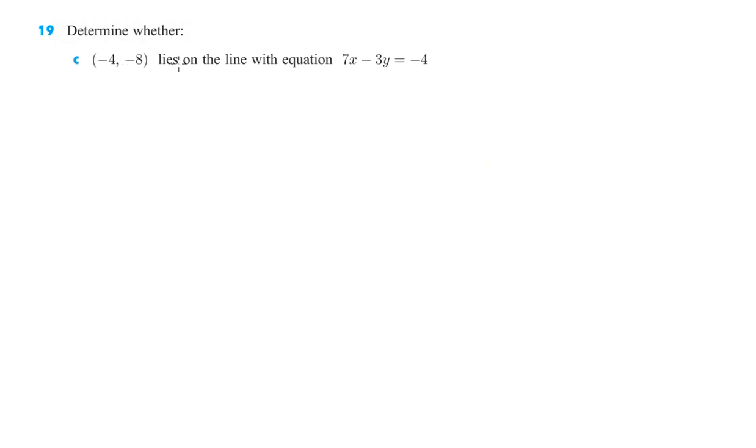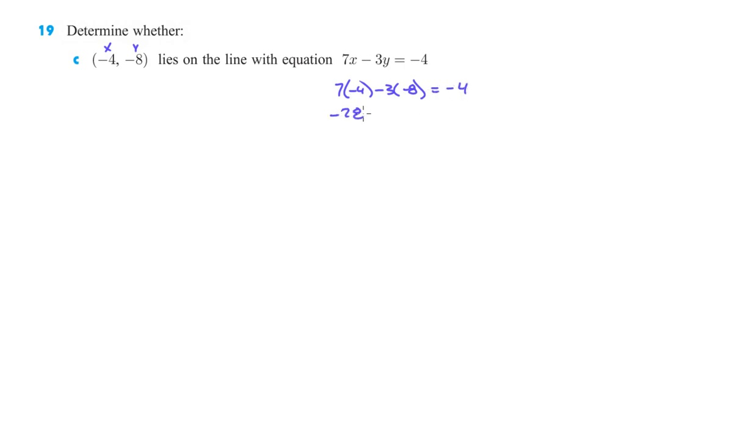Determine whether this point here lies on the line that has this equation here. Now, just to figure out if this lies on this line at all, we've got to do is plug our -4 in for x and our -8 in for y and see if this is true. So we just do 7 times -4 minus 3 times -8 and see if that equals -4.